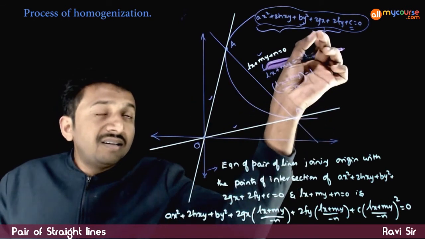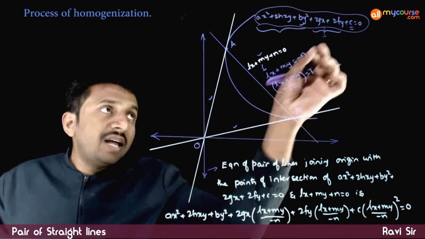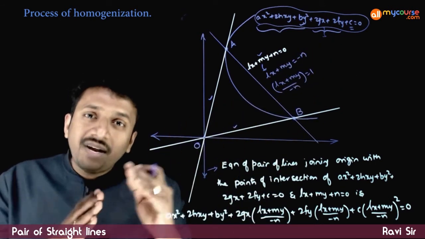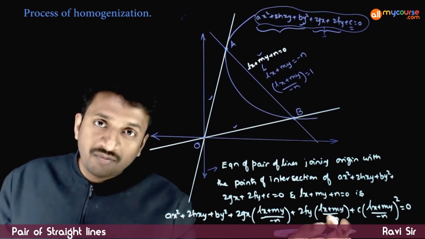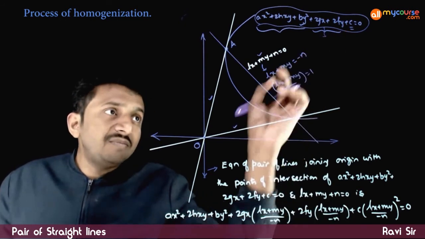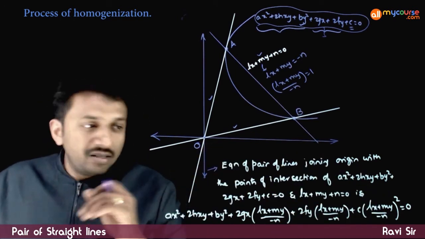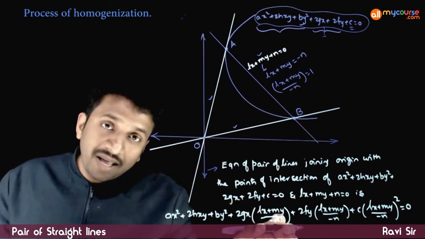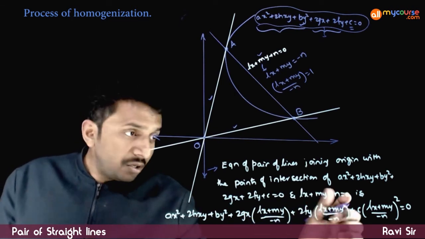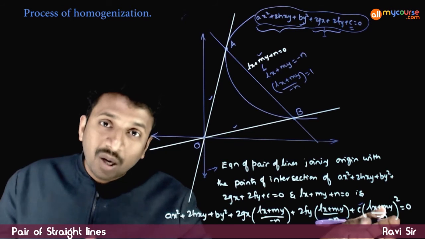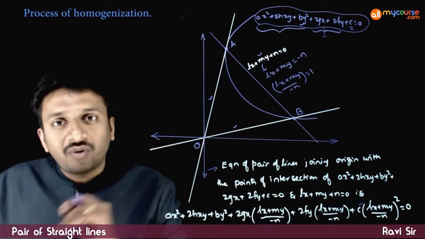So I can multiply 2gx with (lx plus my) by minus n, and 2fy is nothing but 2fy into 1, so 2fy times 1 can be replaced with (lx plus my) by minus n, plus c times ((lx plus my) by minus n) whole square. So to the linear term I am multiplying a linear term. To a linear term I am multiplying a linear term. To the constant term I am multiplying a quadratic term, such that all the terms will become quadratic terms.